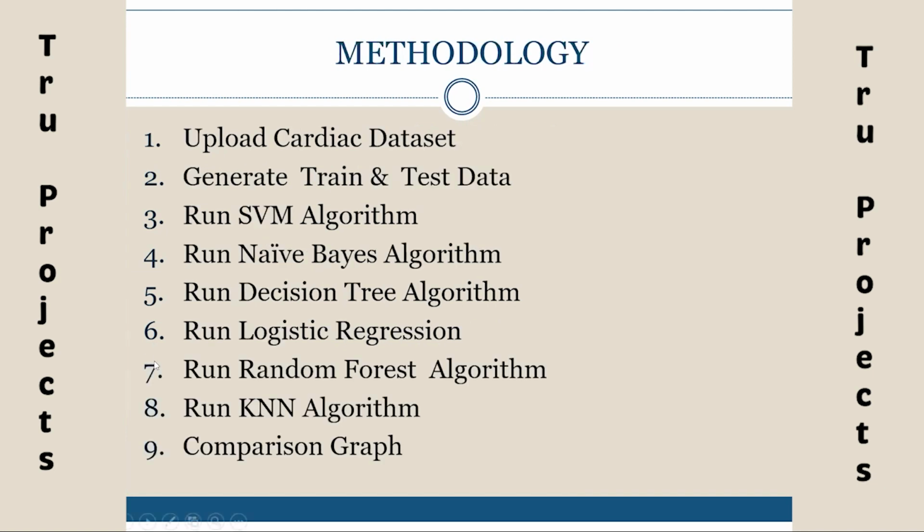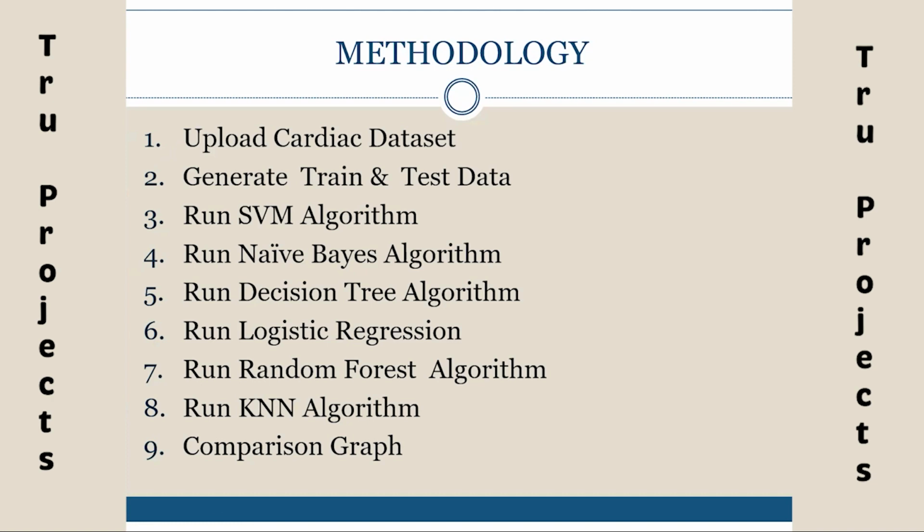Methodology. We have designed a few modules for execution. The first module is upload cardiac dataset, in which we will be uploading the dataset. In the second module, generate train and test, the data will be split into train and test in the 8:2 ratio. The next one is run SVM algorithm.